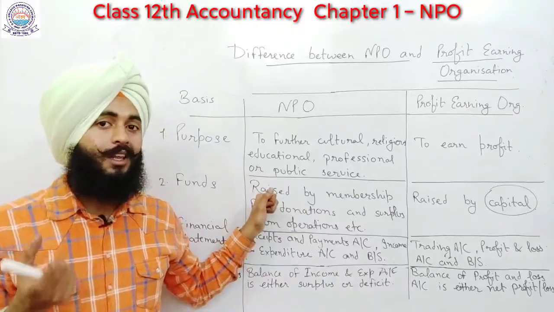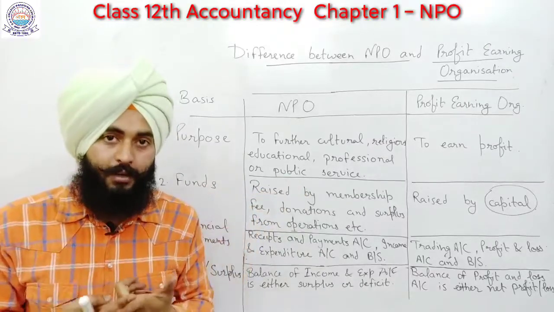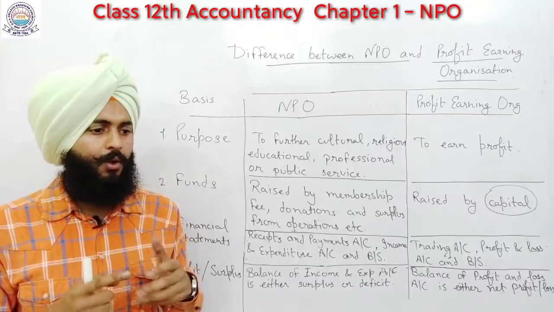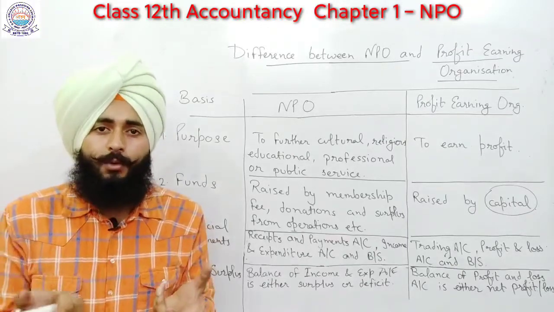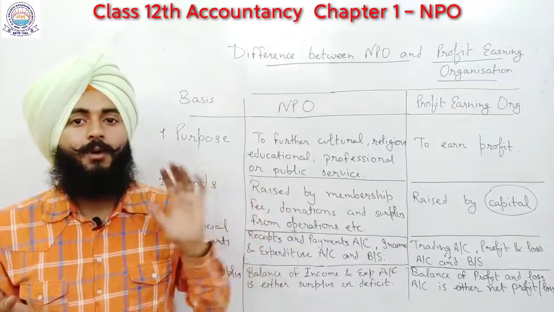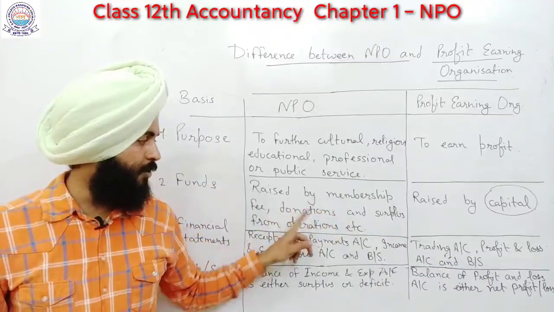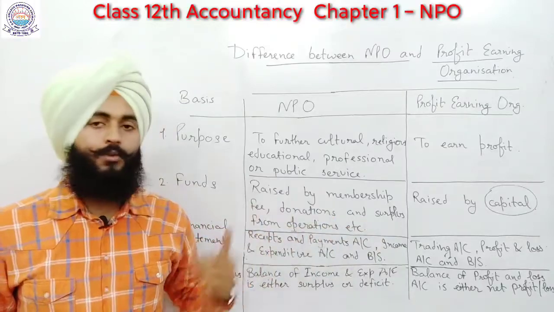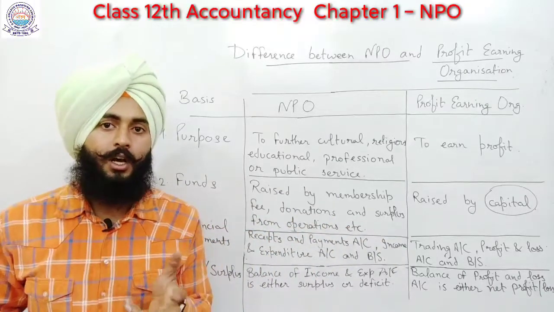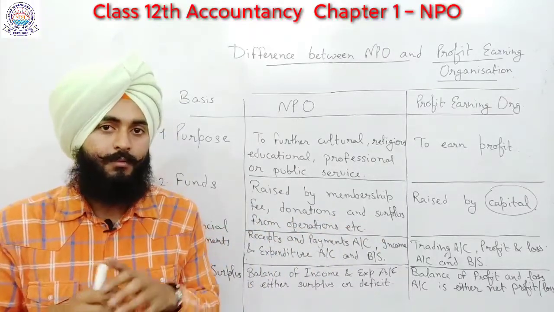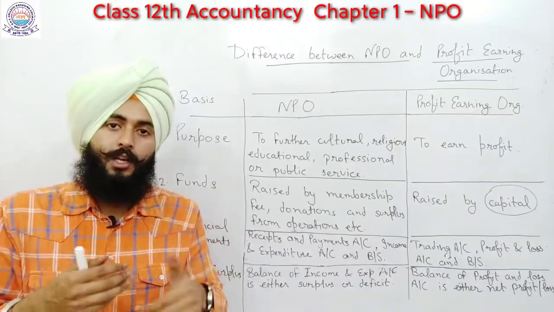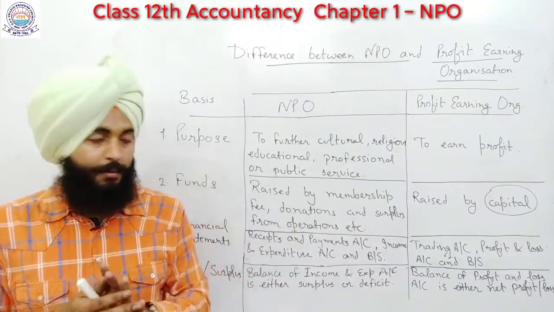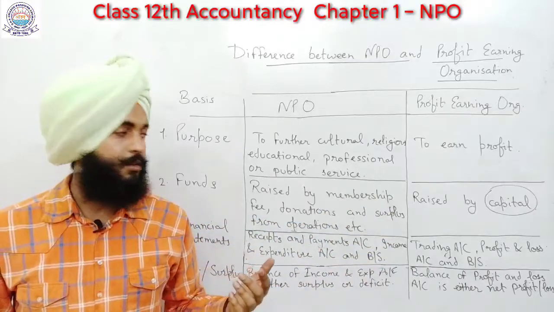The funds raised by membership fee, donations और any kind of दान पुण्य जो है उससे पैसा जमा होता है. Membership fee, donations, or sometimes it may be surplus from operations, जो पैसा बच गया after income and expenditure account, after सारे खर्चे करके जो पैसा हमारा बच गया, that will be surplus.